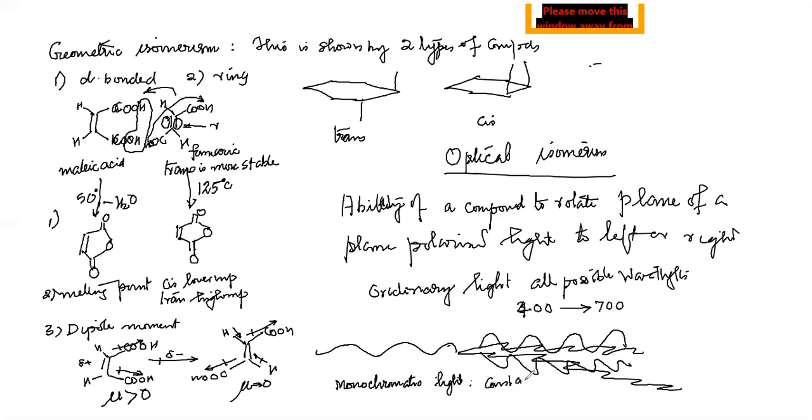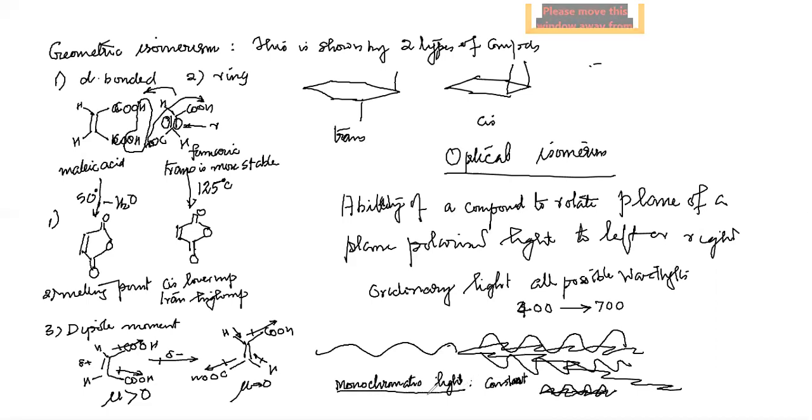You are taking out only those rays which have a constant wavelength, but moving in all possible directions, all possible planes. The wavelength is the same, but some of them will be moving in this direction, some in this plane. In different planes they move. So that is what is called monochromatic light.